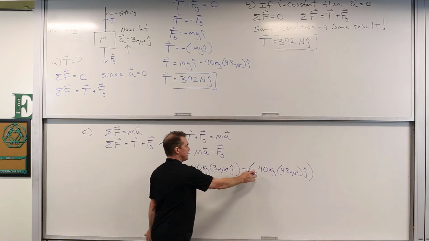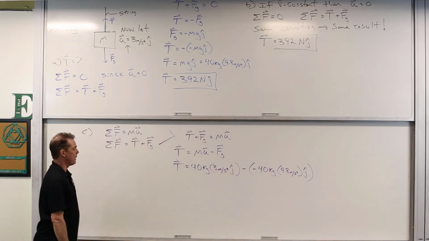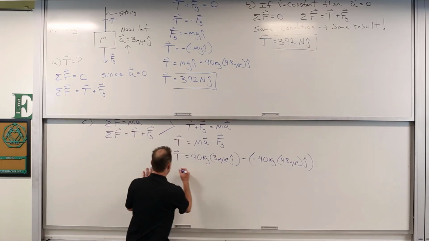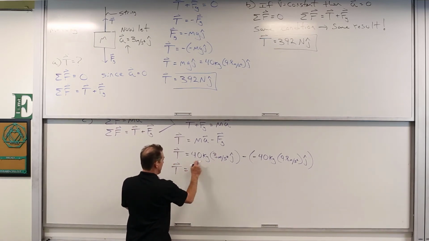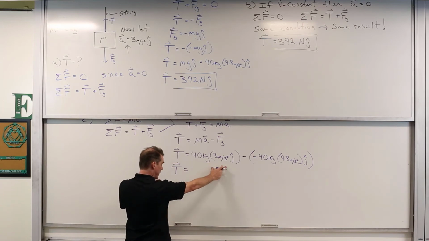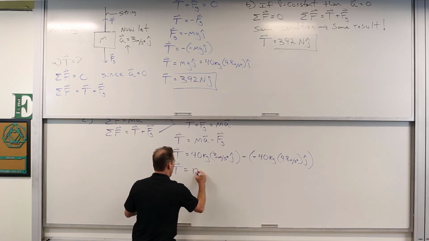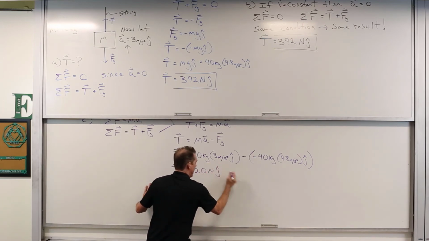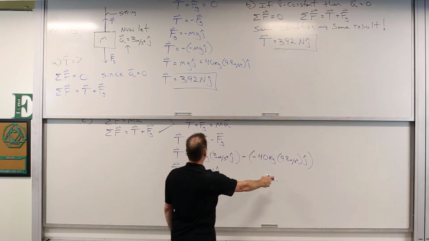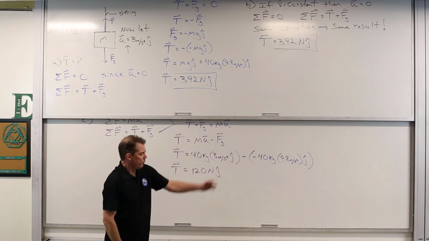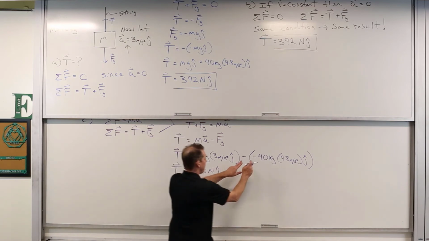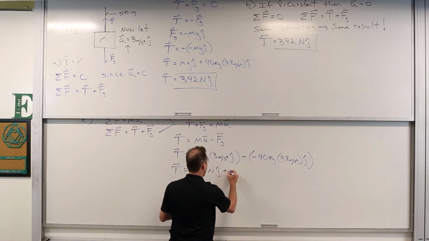Those two negative signs are going to cancel each other out and make this positive, and we get T hat equal to 120 newtons J hat, plus what we've already computed, which is just the weight of the object, 392 newtons J hat.